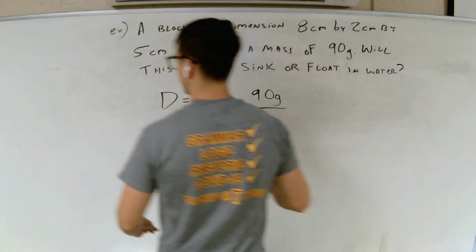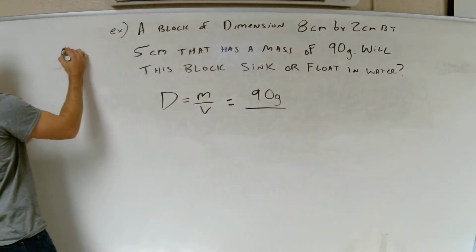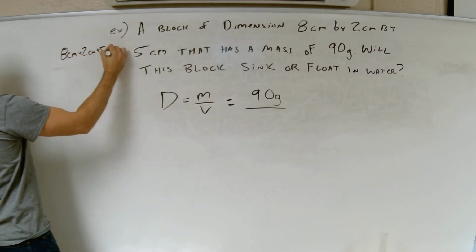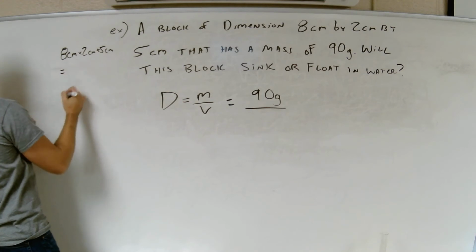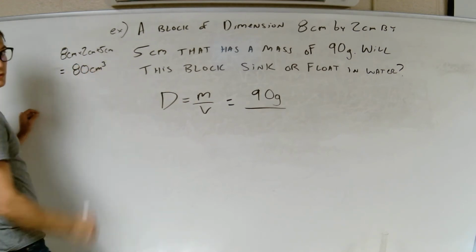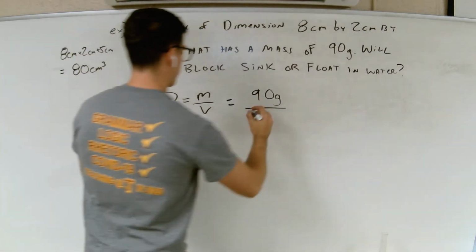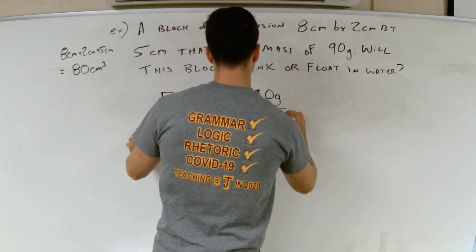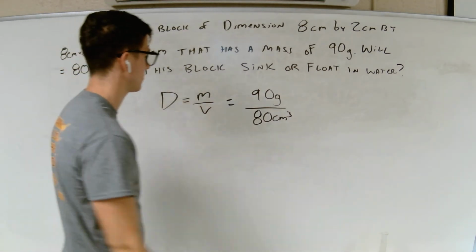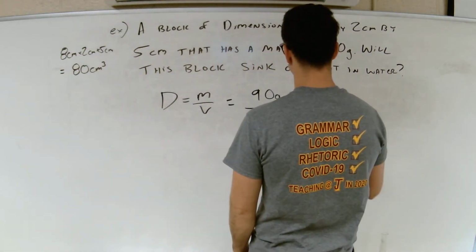Let's do that over here. 8 centimeters times 2 centimeters times 5 centimeters should equal 80 centimeters cubed. So there's my volume. Cool, and my units match up too, grams over centimeters cubed.